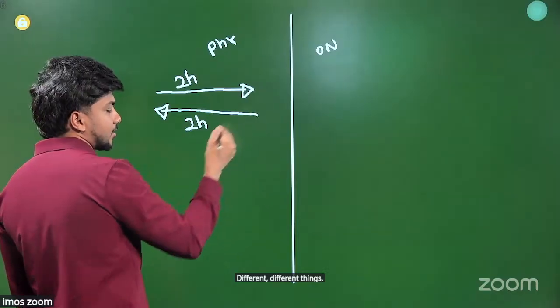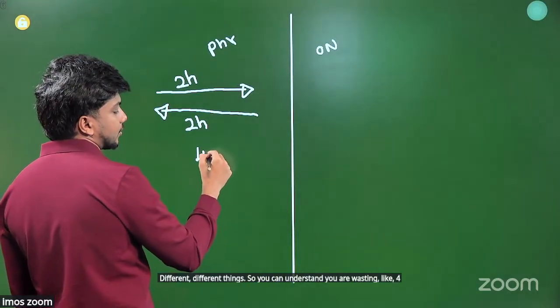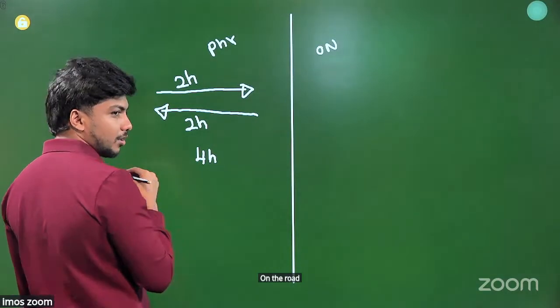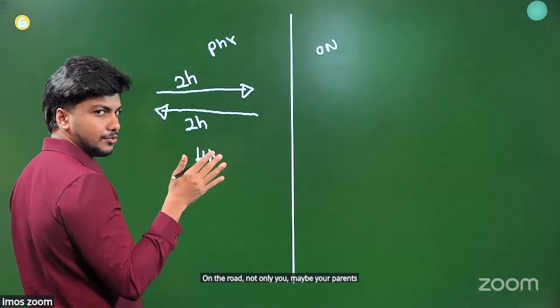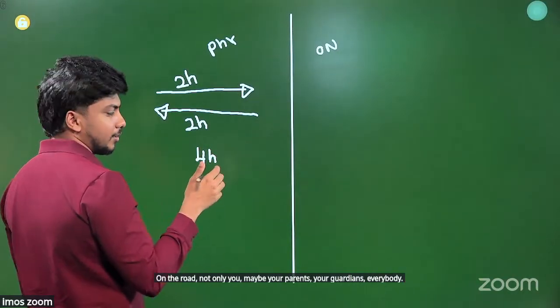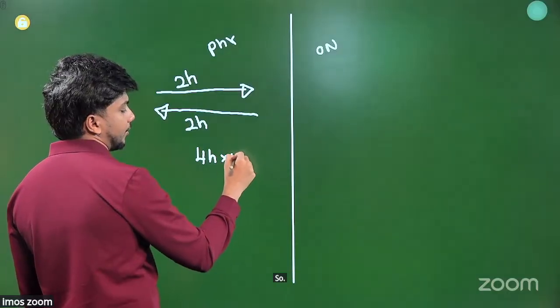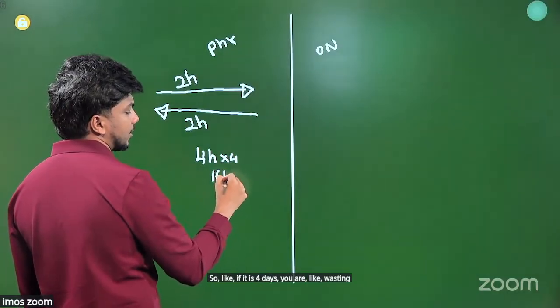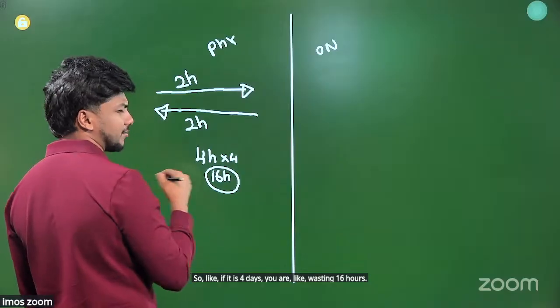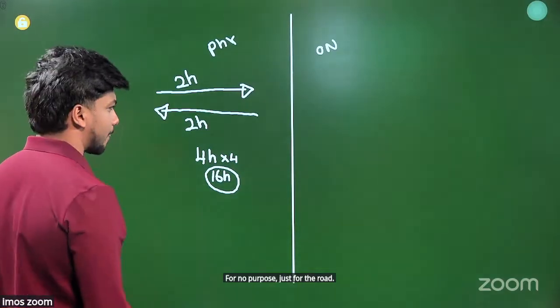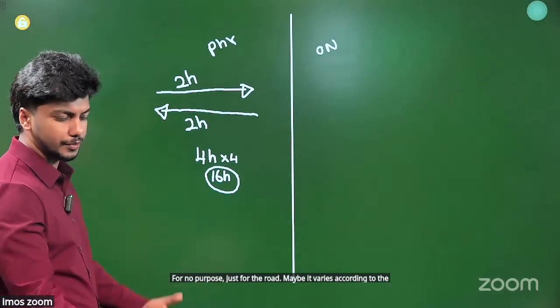So you are wasting about 4 hours on the road. Not only you, maybe your parents, your guardians, everybody. If it is 4 days, you are wasting 16 hours for no purpose, just for the road. It varies from person to person.